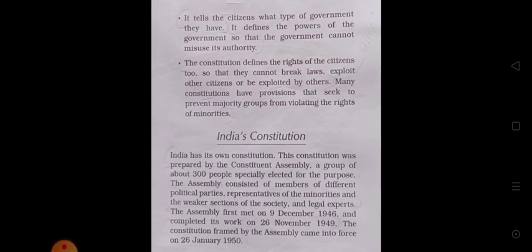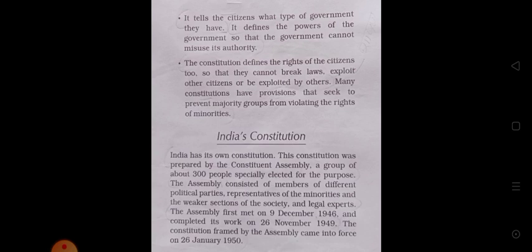Some more points: the constitution tells its citizens what type of government they have. It also limits the powers of the government so that the government cannot misuse its authority.